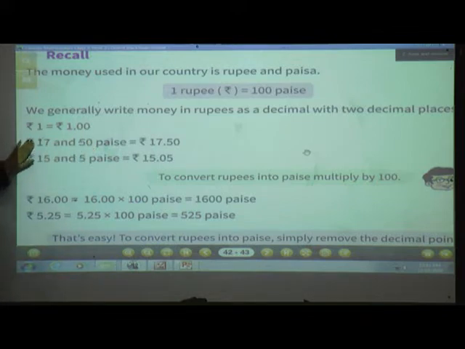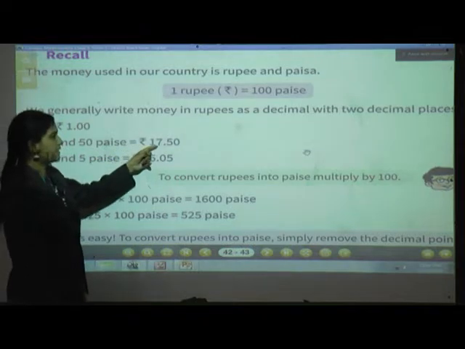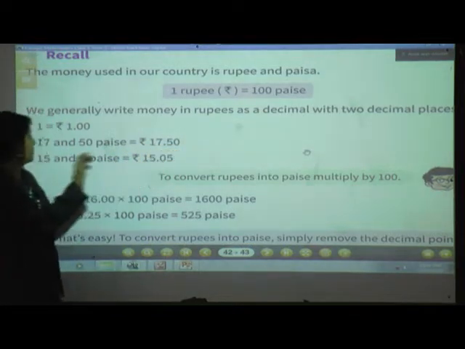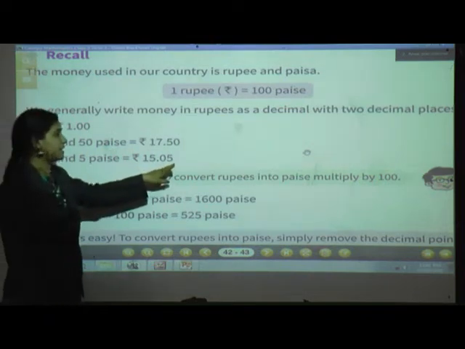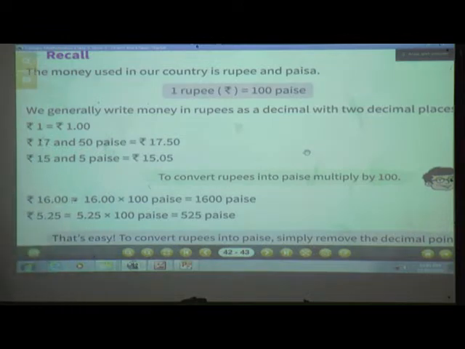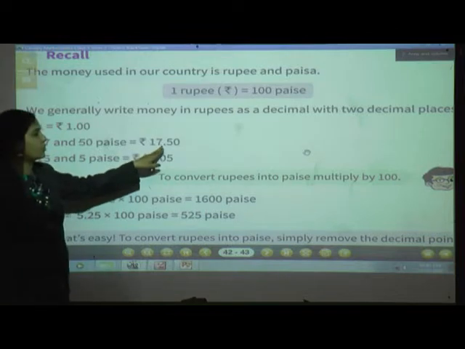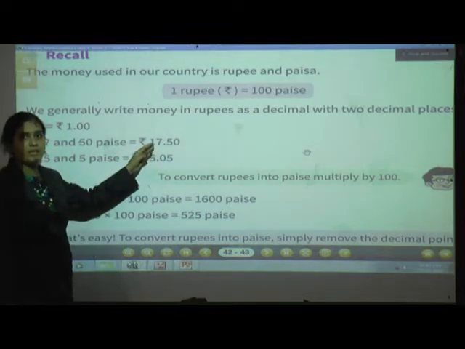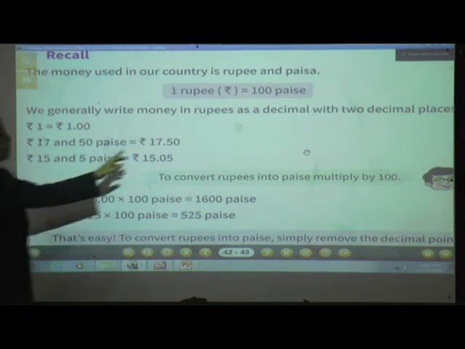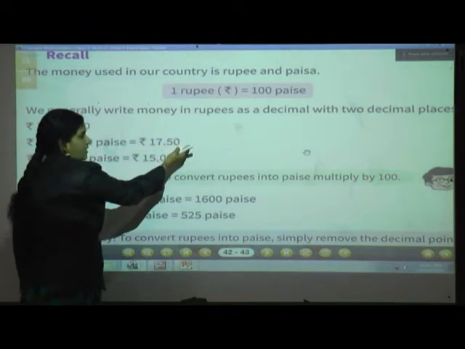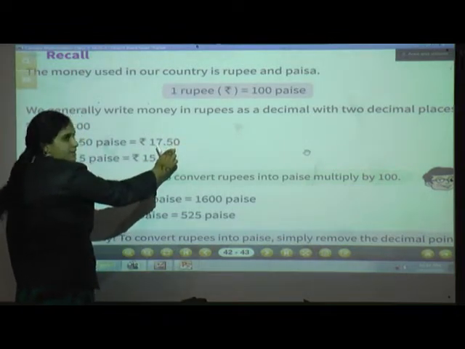Okay. Now for rupees 17 and 50 paise, you can write here rupees 17.50. Okay. Now rupees 15 and 5 paise, here you can write like this. Now students, always remember that the number on the left side of the decimal point denotes rupees, and the number on the right side of the decimal shows paise.